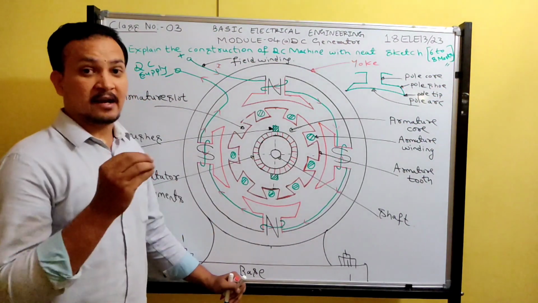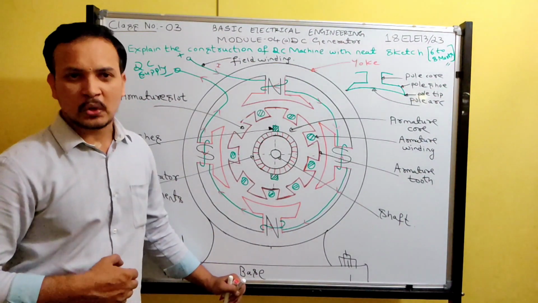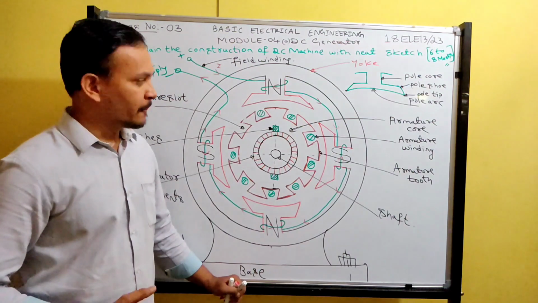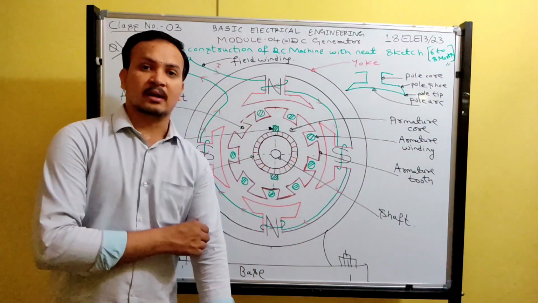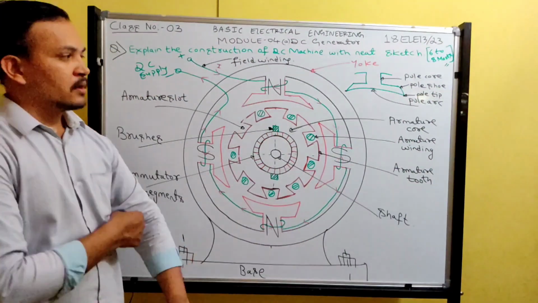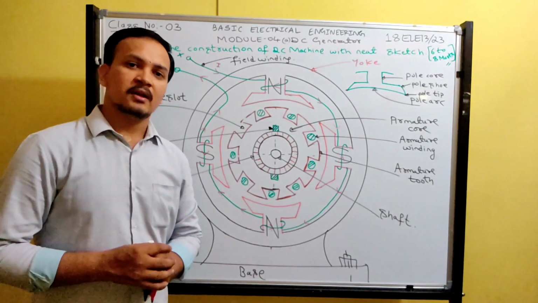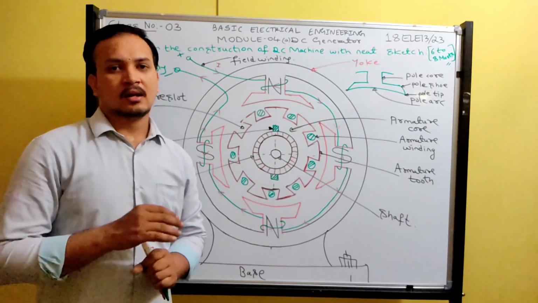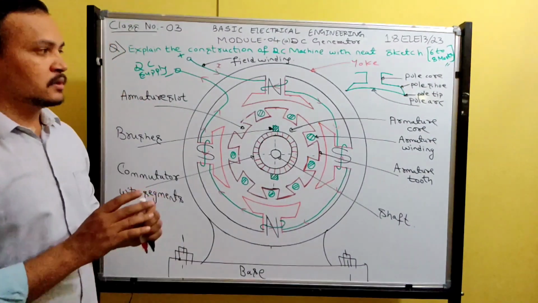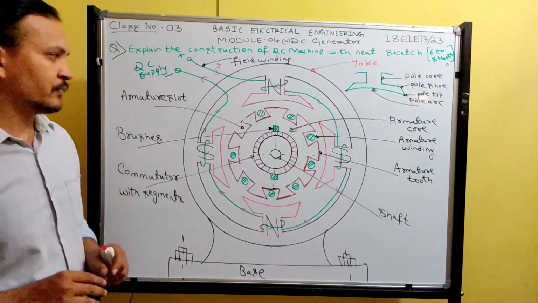So that is the standard definition of armature core. Once again, a certain length of conducting material wound for desired shape and size in order to satisfy electrical and mechanical requirements. That is nothing but the armature core.